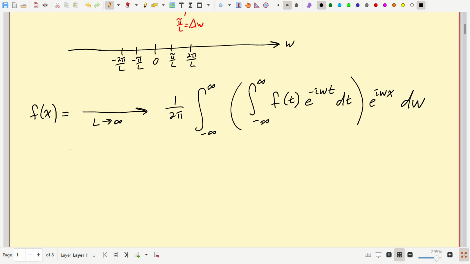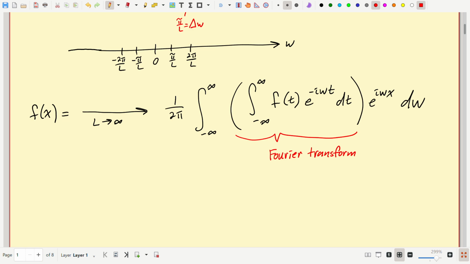And this is the Fourier transform of f, and this other integral is how we undo the Fourier transform. Okay, but there's an annoying thing here: there's a 1 over 2 pi.